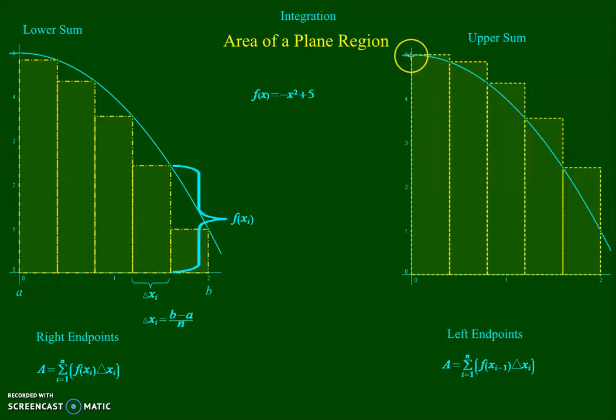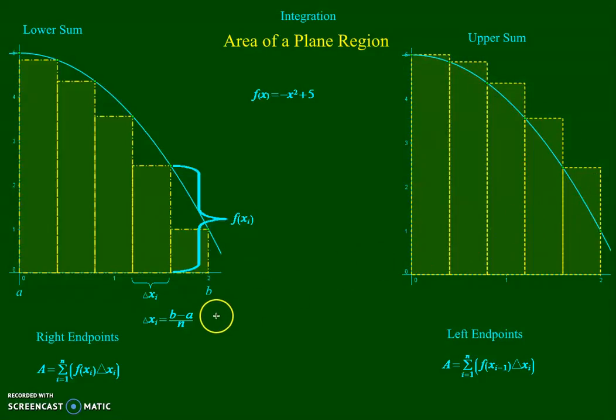In contrast, if we look at, for the same function, the left endpoint defining the height of these rectangles, we can see that we're going to have a little bit more included in the area of those rectangles than is actually encompassed underneath the graph. These we're calling circumscribed rectangles, and this is known as an upper sum. So a lower sum is always going to be a little bit less than the area under the curve, and an upper sum is going to be a little bit more than the area under the curve.